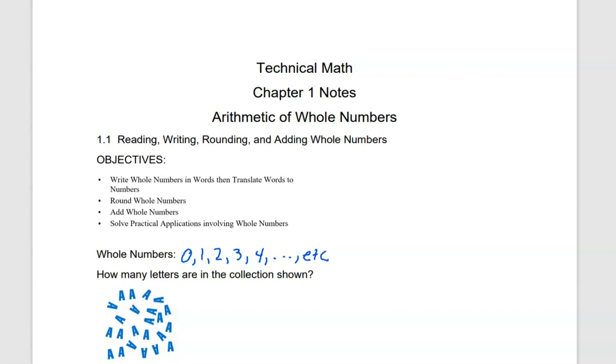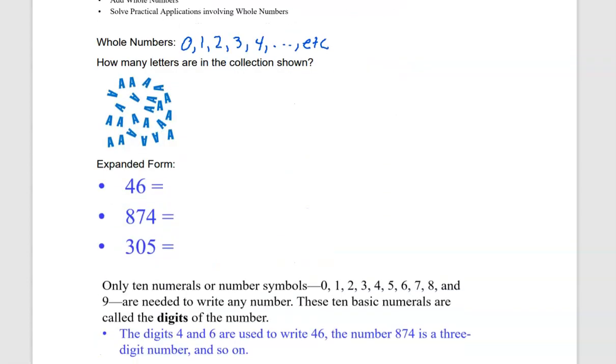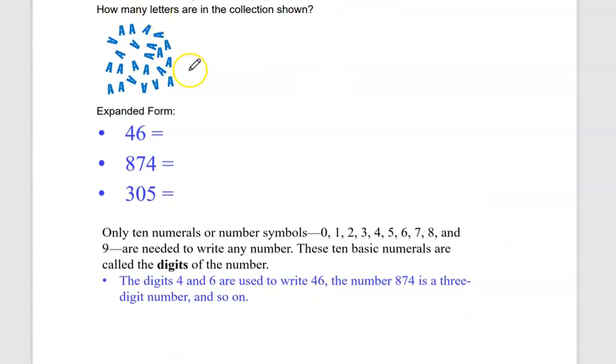Okay, so sometimes whole numbers can get really big and we need a way to group those together. For instance, if I ask you, how many letters are shown here? It's really hard to estimate what's here with them being everywhere, turned all different ways. So maybe if I divided them into groups of 10, like there's 5, and there's 5, so there's 10.